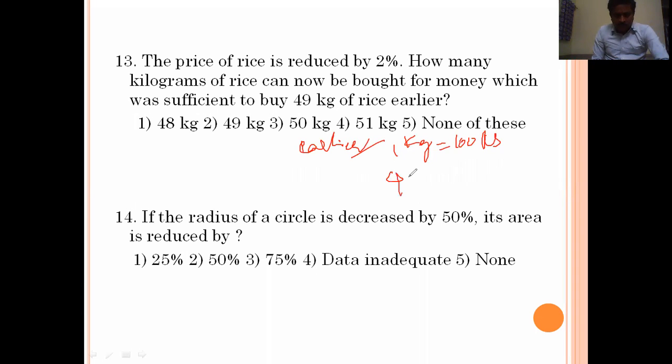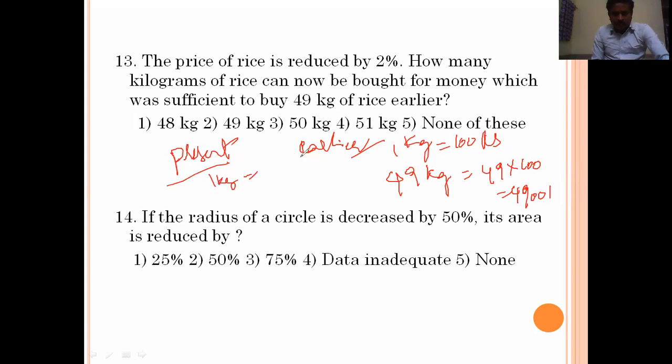Earlier how many kilos did they buy for that money? 49 kilos. So total money is 49 into 100, 4,900. They have that much money in their hand. Now the price of each kg decreases by 2%. 2% decrease means 2 rupees decrease on 100 rupees. Now the present 1 kilo cost is 100 minus 2, that is 98 rupees.